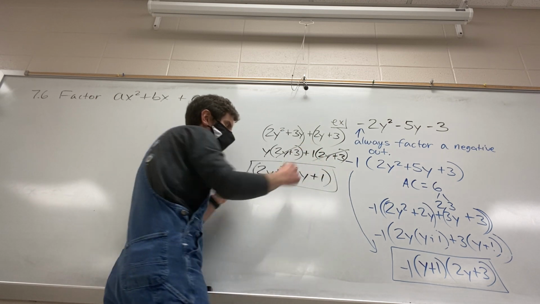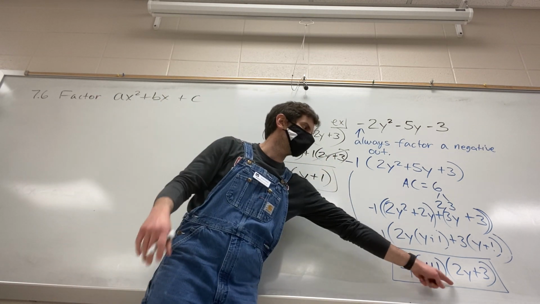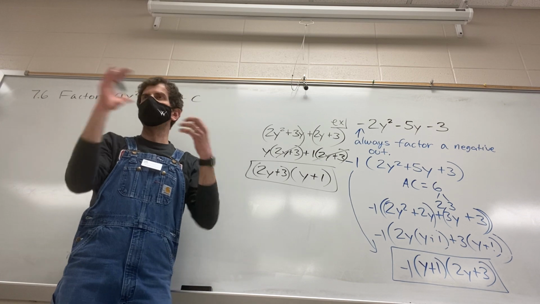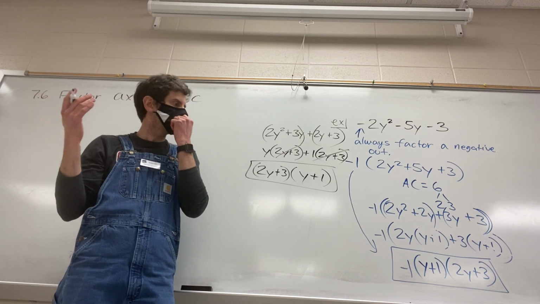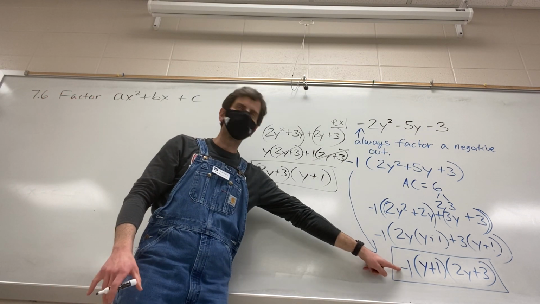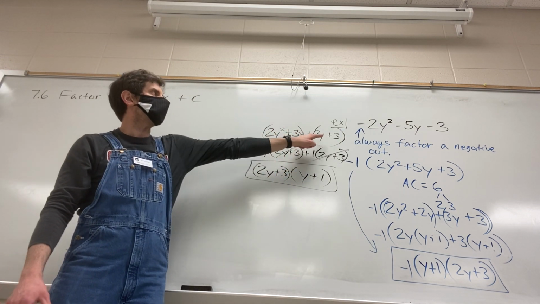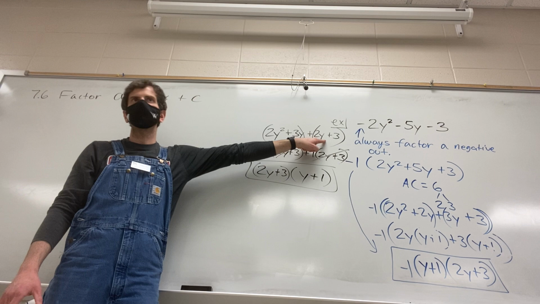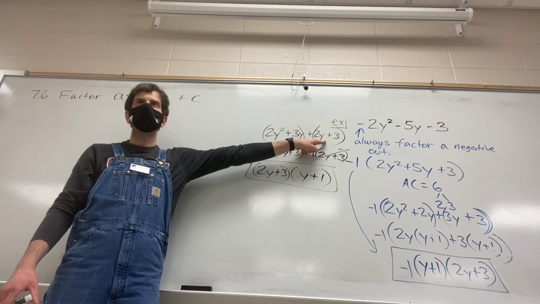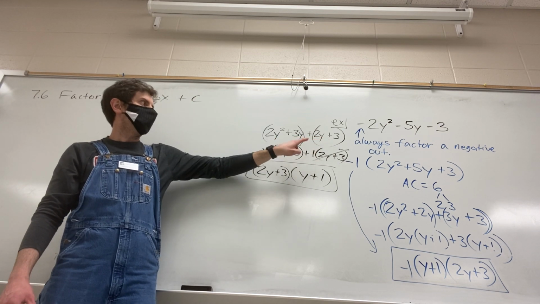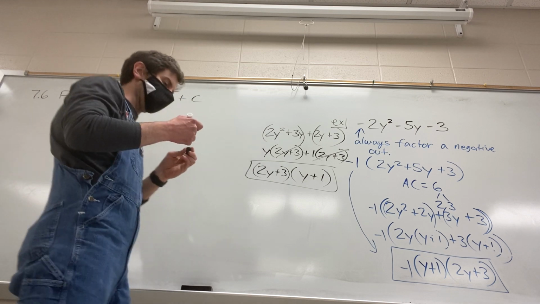Do you see how that does match this? It's just the order that's different, and that's okay with multiplication, isn't it? And of course we had a negative 1, so we were just zeroing in on that. So if your binomial has no common factors, what are you going to write out front? A 1. And then it works out nice.